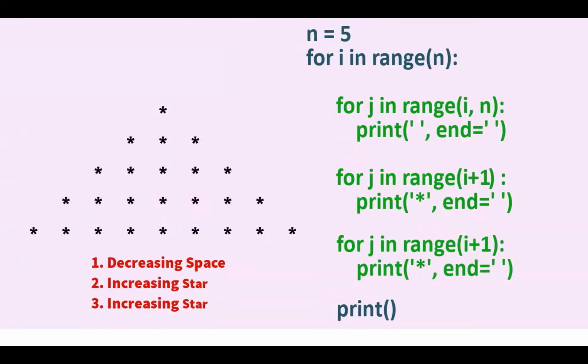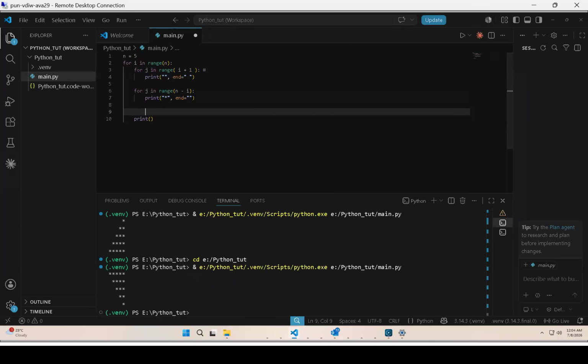Let's directly work on it. So we want the first one to be decreasing, right? So decreasing one. And then we want increasing and increasing, so I'll just cut it from over here.